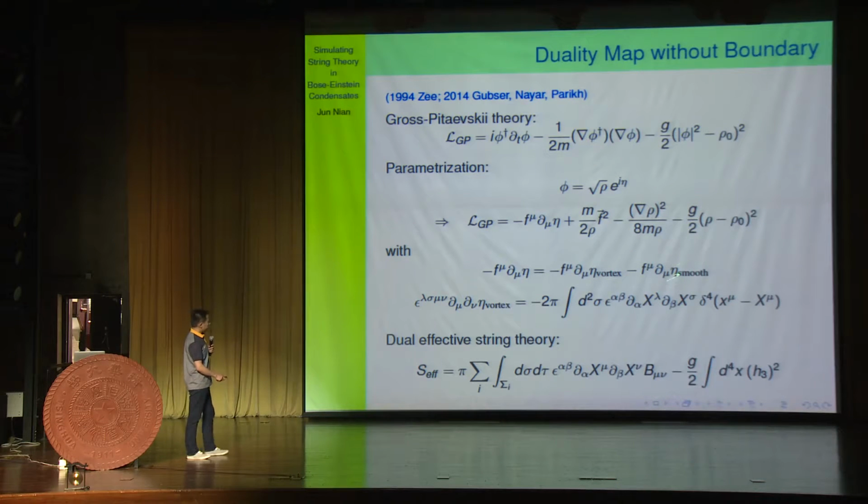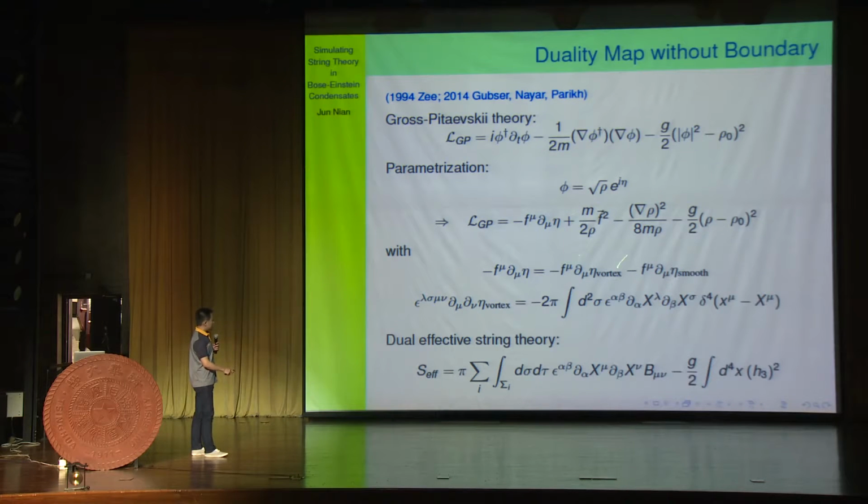If we partially integrate this smooth part, we get partial mu acting on f mu equals 0, which can be solved. The solution is f mu, just the field strength of a two-form. The two-form turns out to be the B mu nu in the effective string theory action.